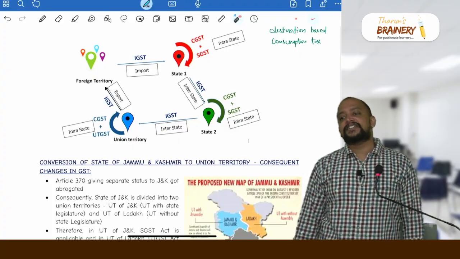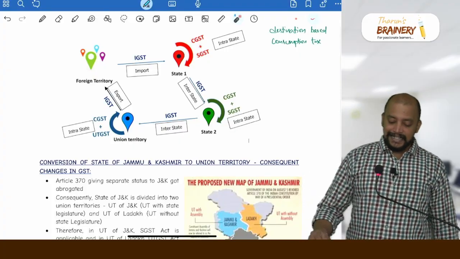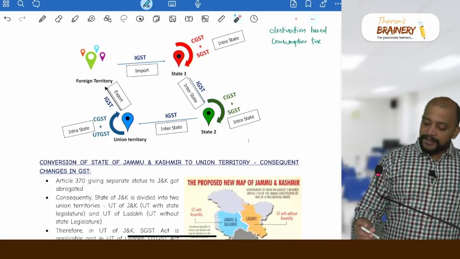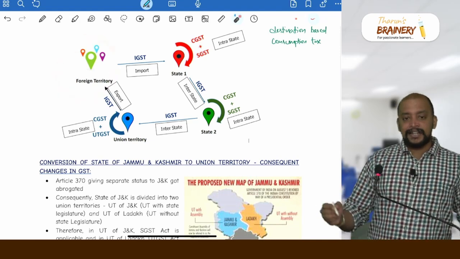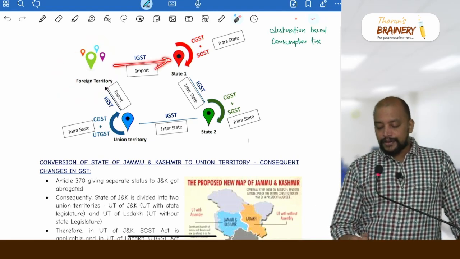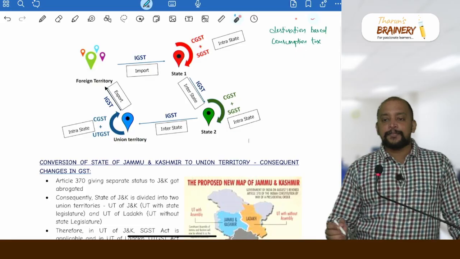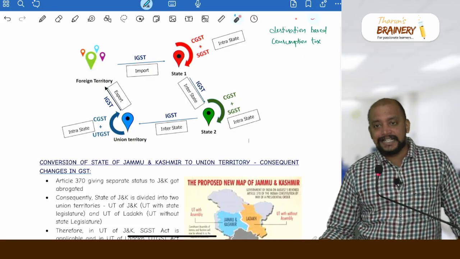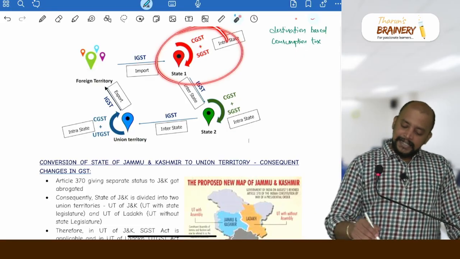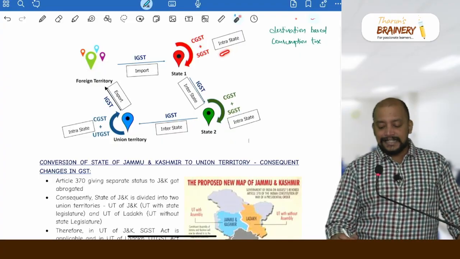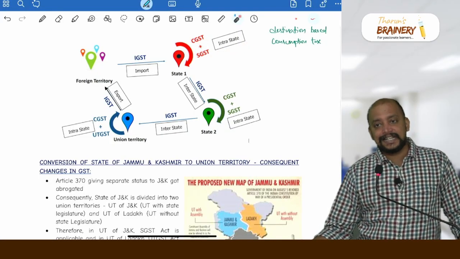So what is the type of GST that will be applicable? IGST. So say there is a person in foreign territory who is bringing goods to state 1. As there is an import, the type of GST will be IGST. Again within state 1, it is intrastate, so the GST will be CGST, SGST.